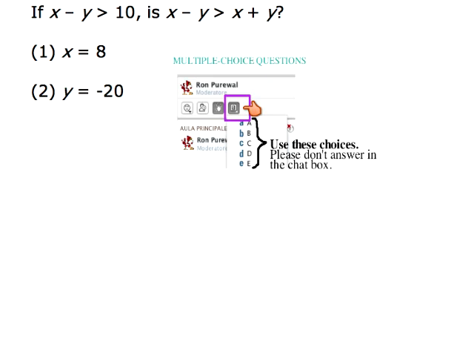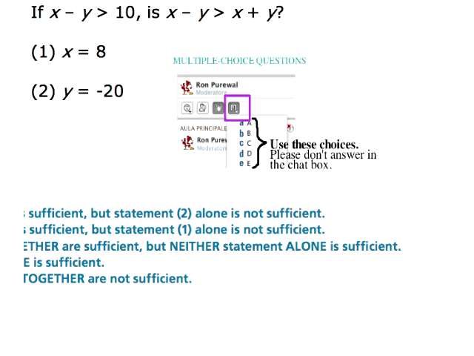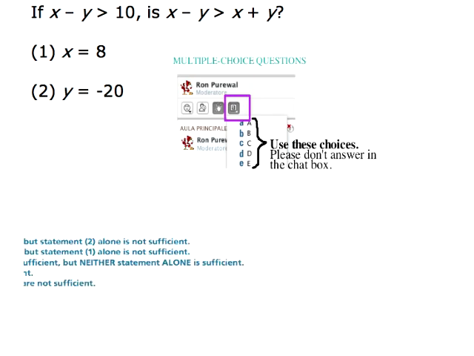We do assume that you are familiar with the data sufficiency answer choices, but just in case, I can go ahead and post them. Data sufficiency answer choices. There they are. If you're here, you probably have these memorized pretty well, but just in case you don't, there they are. Okay, go for it.